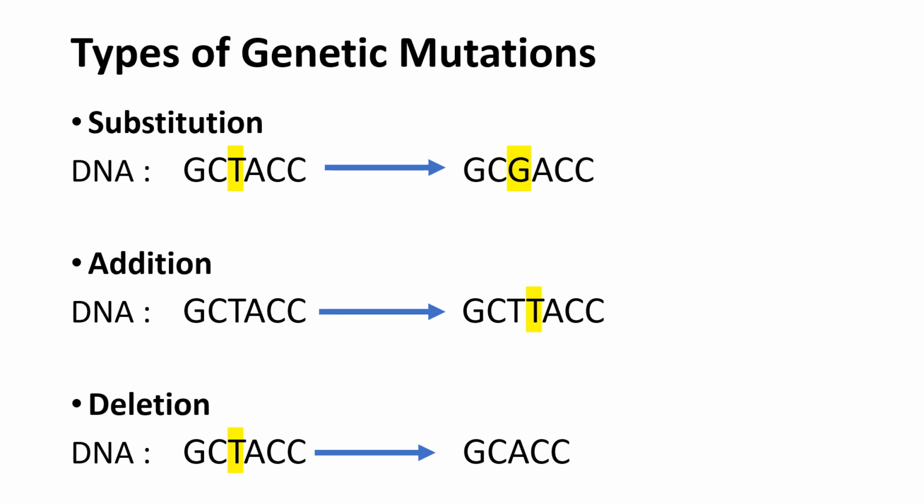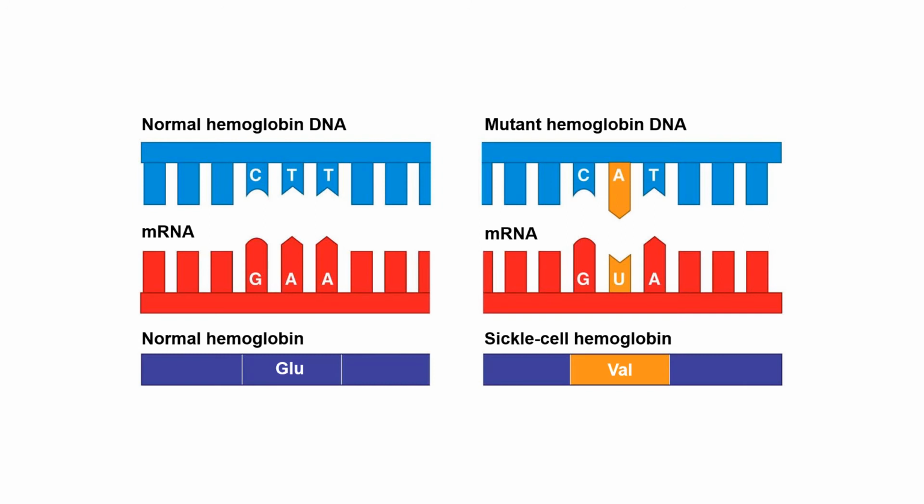To build our hemoglobin protein, which is the protein found in our red blood cells, that protein is going to help us transport oxygen. To build it, we have to read the DNA, build a messenger RNA, and then start building our amino acid chain.